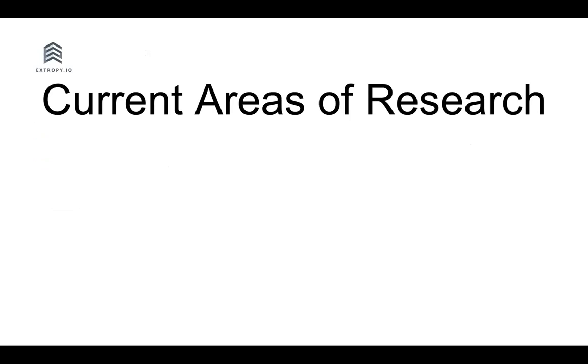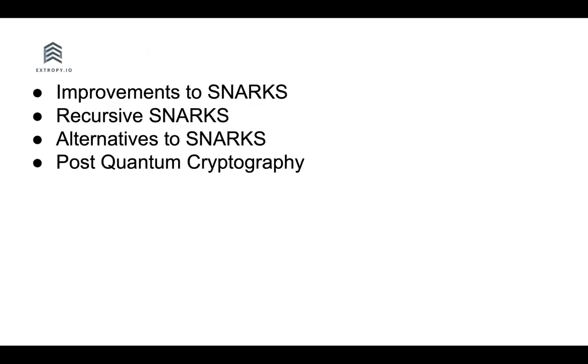If you look at some of the current areas of research in zero-knowledge proofs, these are some of them. There are improvements on the way SNARKs are being done, for example, ideas around trusted setups or some of the cryptographic primitives in there. There are things called recursive SNARKs, and I'll talk about those in a second.